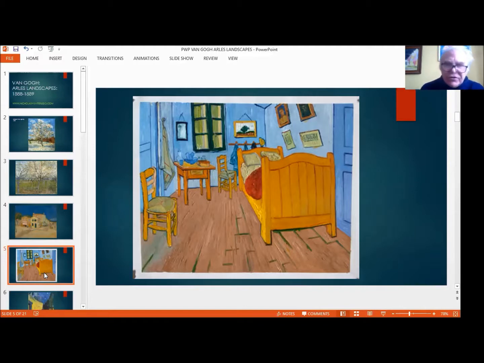Now, when I use the term synthetically, what I mean by that is he's putting quite large areas of colour against one another, not broken brushstrokes, but quite large areas of colour. So you get these quite large areas of yellow against the cool blue, and then that cool blue against the lighter lilac blue, and then that lilac blue against the quite large areas of green, and the large areas of the yellow on the table and the chair.